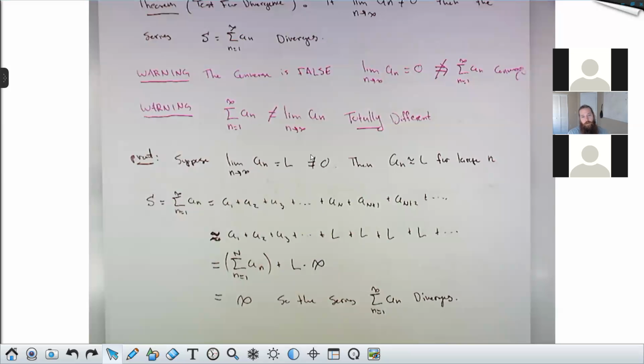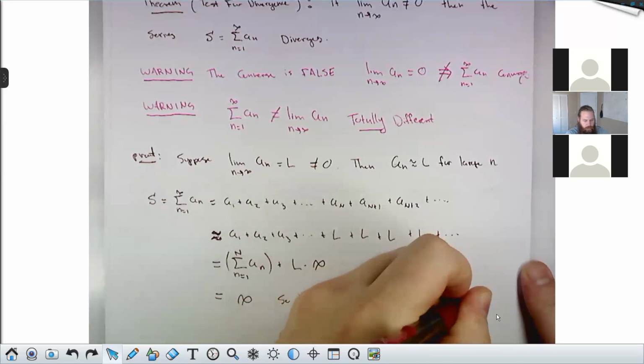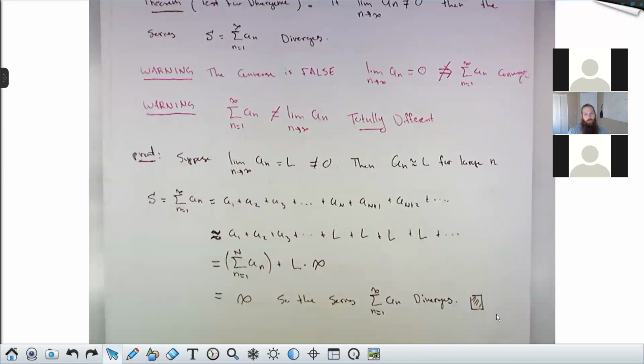If L were 0, then it's harder to say. That would be an indeterminate form, which is why the converse here is not true. But if L is not 0, then when you add L to itself infinitely many times, you definitely do get infinity. So the series would have to diverge. Okay, that's called the test for divergence. Again, not responsible for the proof, but understanding the proof will help you understand how to use the thing.